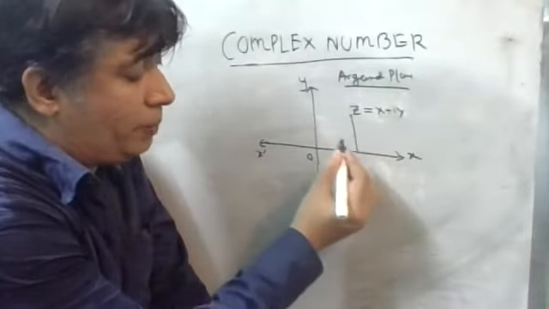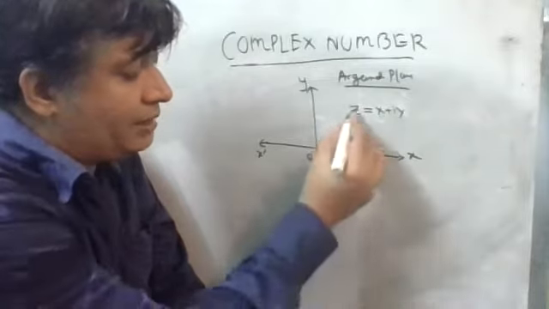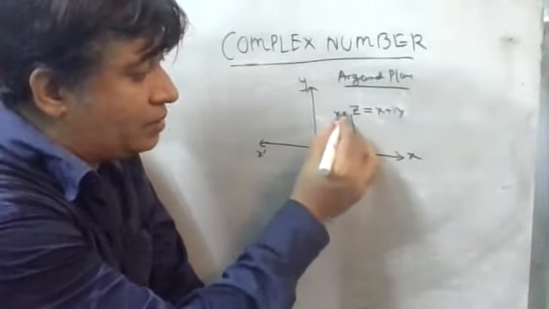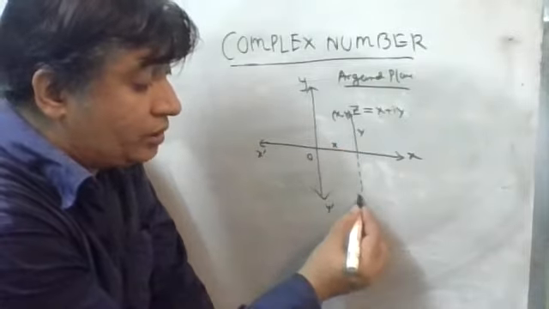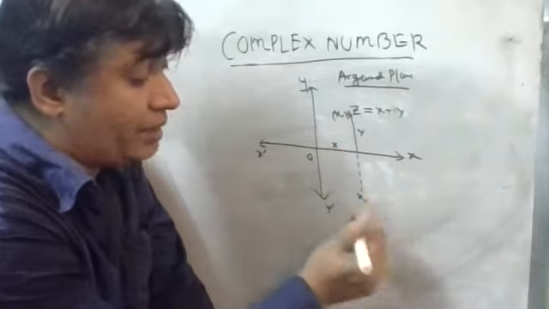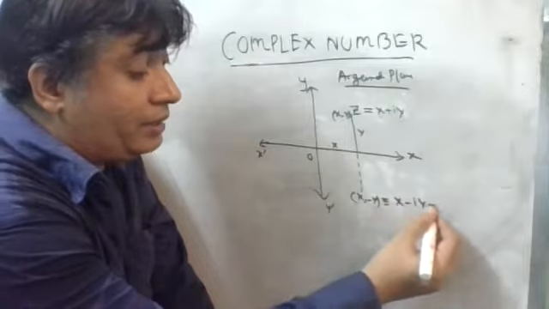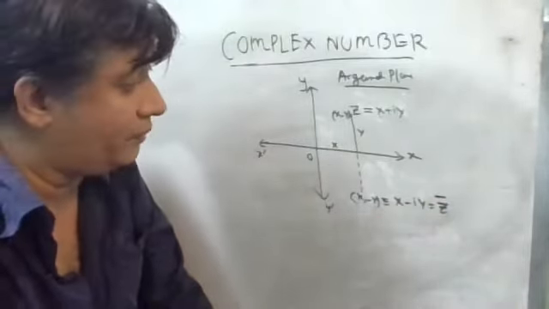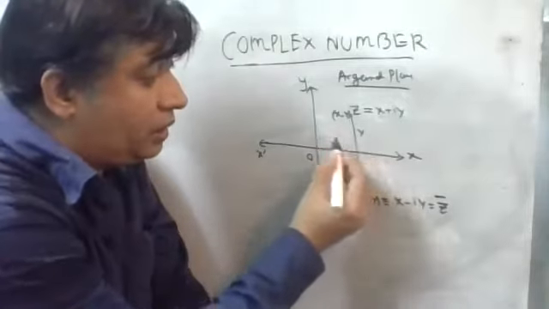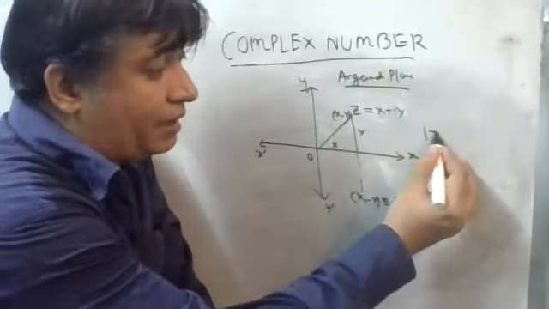Now drop a perpendicular and stretch it downwards, and as this was x comma y, this is the x component, this is the y component. So this is x comma minus y, and you are quite familiar with the term x minus iy, that is already taught as the conjugate. Okay, now you got the concept of mod z a few minutes back.